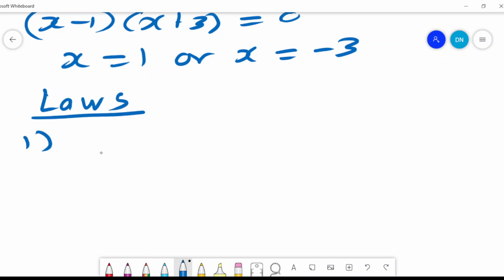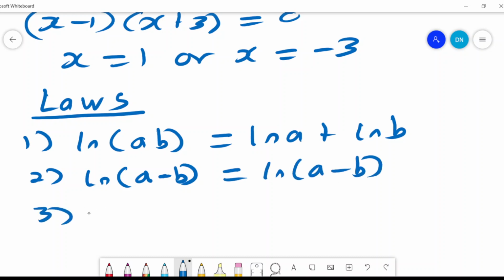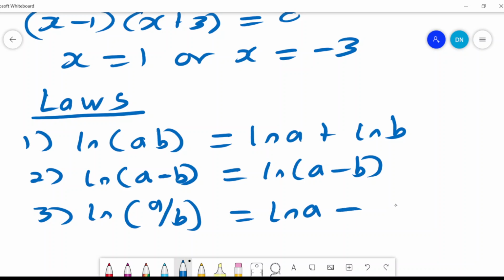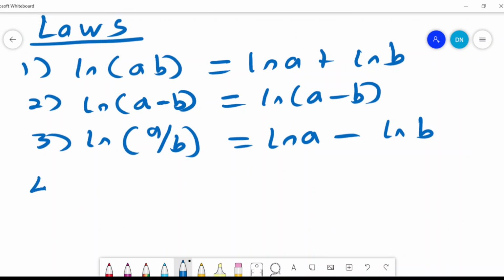One of them is, we know that ln of AB is the ln of A plus the ln of B. The second law that we know is ln of A minus B is still ln of A minus B. And then the third one is ln of A divided by B is ln of A minus ln of B. So it's good to keep these principles in mind, and this applies both for the ln and for the log, that is the common and the natural logarithm.